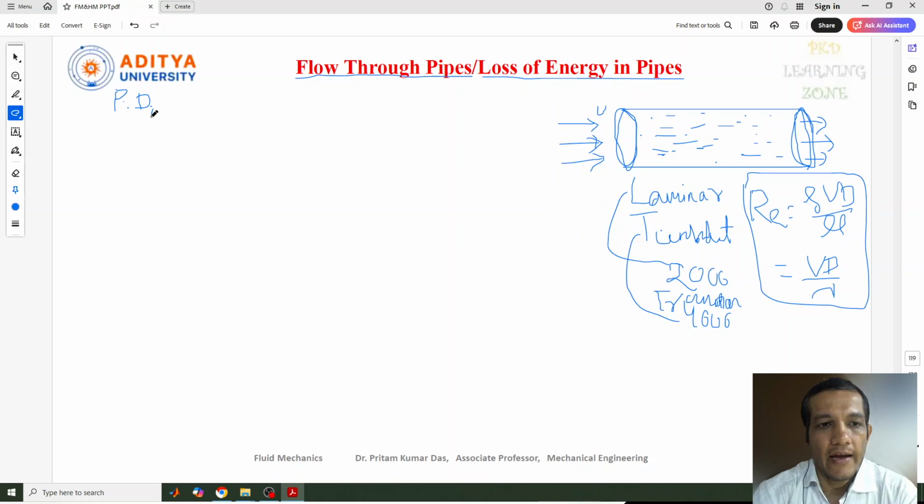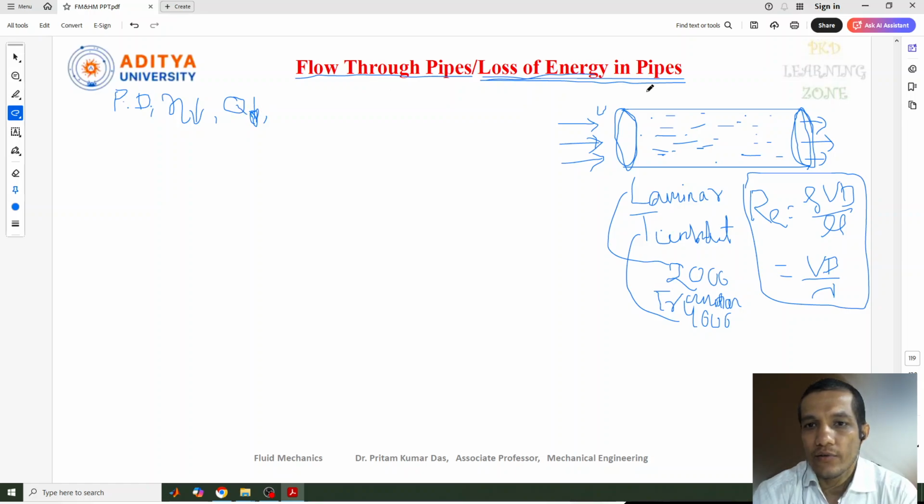Again, due to this loss of energy, we also get a decrease in efficiency. Along with that, there is a decrease in flow rate.